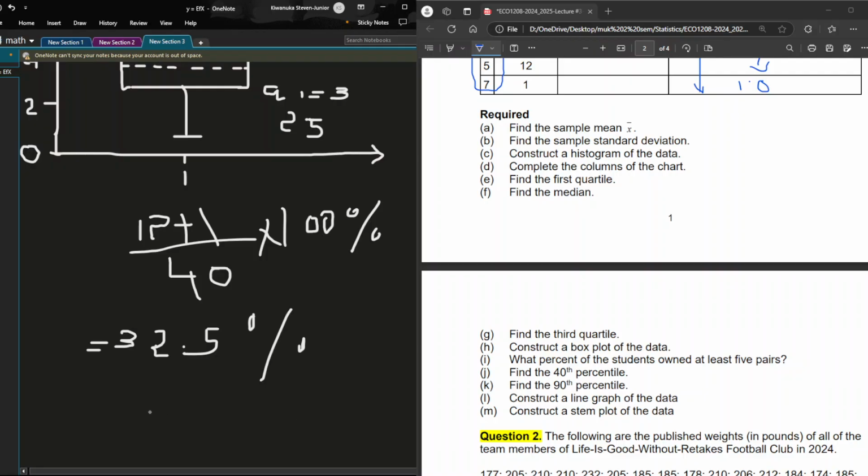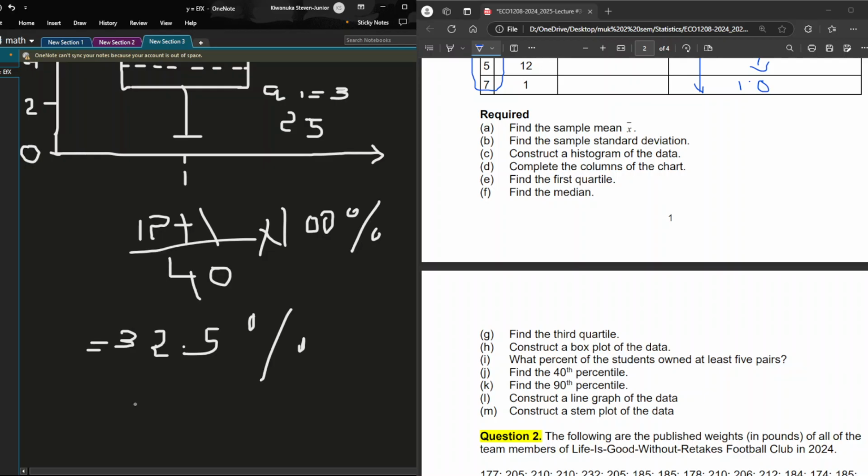Since this data is ungrouped, I'm wondering if the formula changes to accommodate the ungrouped data.